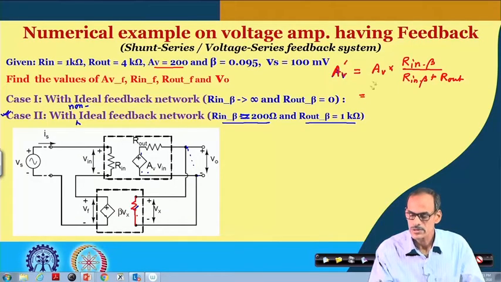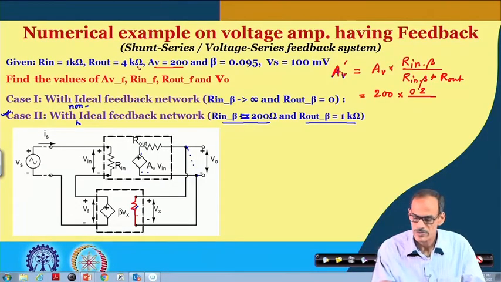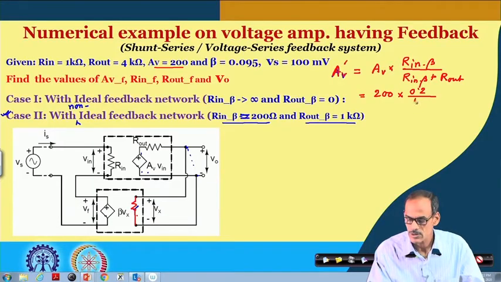In fact, this is 200 multiplied by, this is 200 ohm, so 0.2 K, and then we have this 4 K. So, that is 4.2, and that gives us 200 divided by 21.